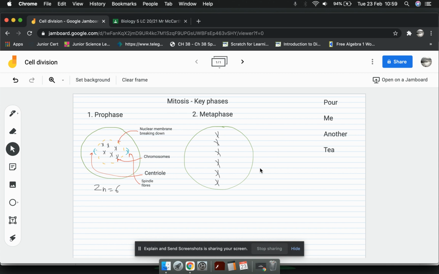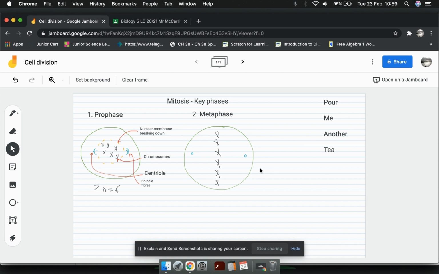What we would recognize here if we saw this under the microscope is that the nuclear membrane is fully gone. There's no nuclear membrane left. But the centrioles, which are found in opposite locations, are connected to the chromosomes.